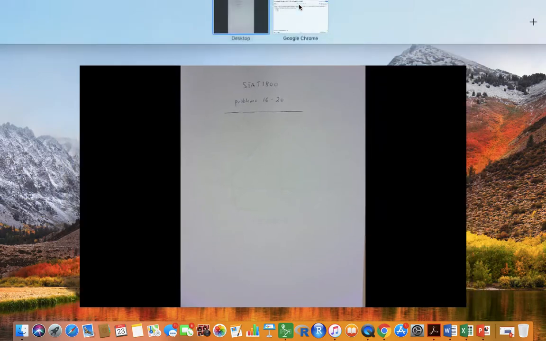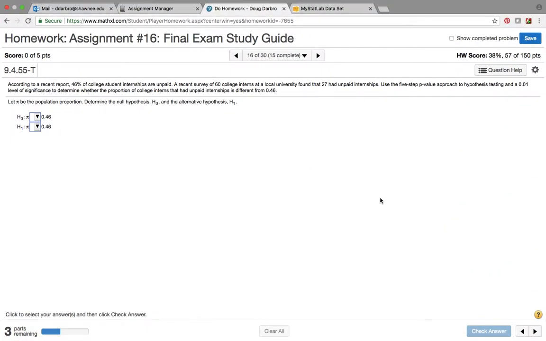So let's do it. According to a recent report, 46% of college student internships are unpaid. Well, that's not good. A recent survey of 60 college interns at a local university found that 27 had unpaid internships.